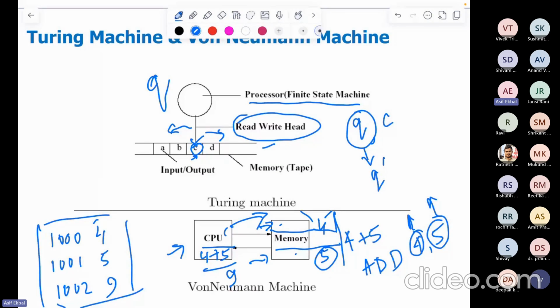Now you see why this is analogous to what we as humans do. If you want to recall anything from your memory, or if you are observing something from the environment, you always have to remember in an AI system these four different components: P is the performance measure, E is the environment, A is the actuators, and S is the sensors. These are very important for any AI system.